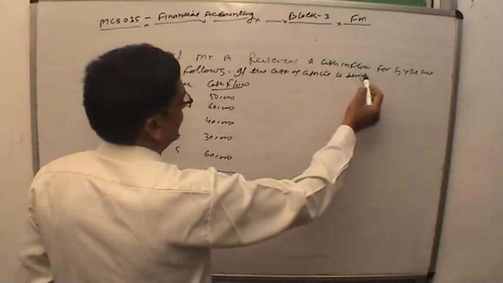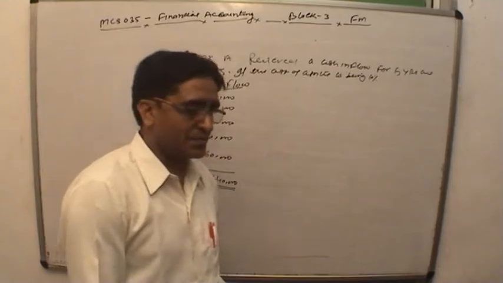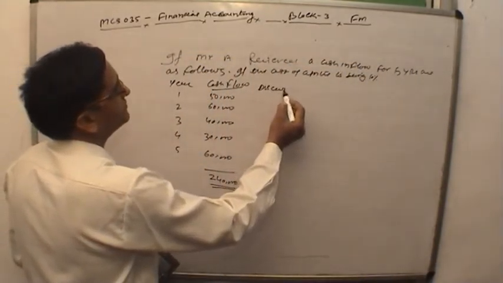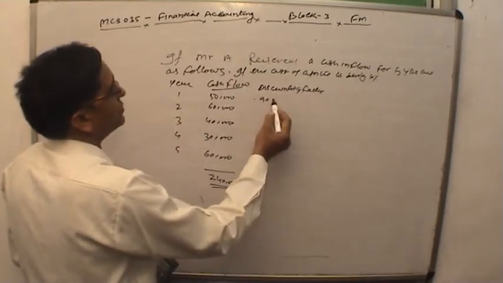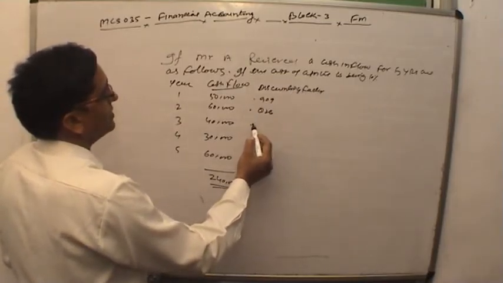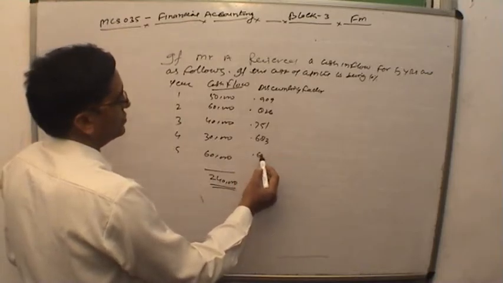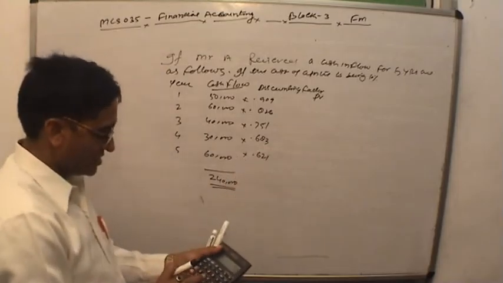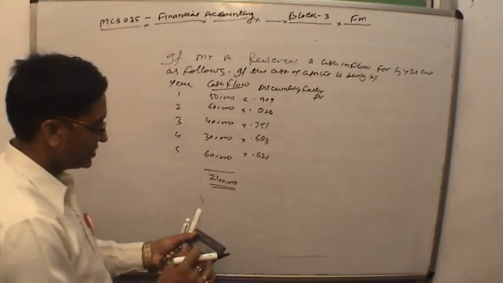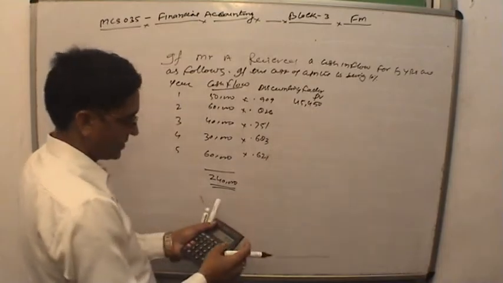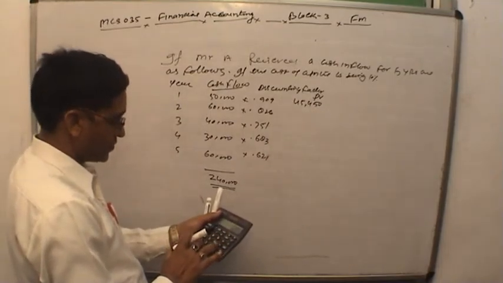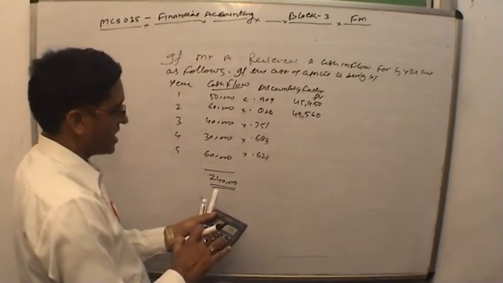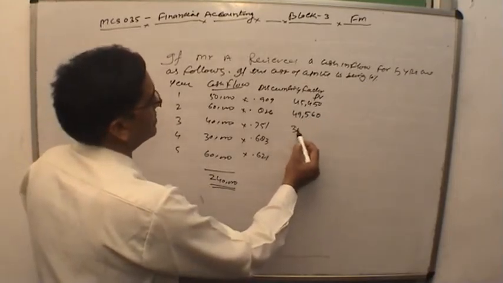But if the cost of capital is 10%, then how much is the value of what you get after 5 years? The discount factors, as discussed previously, are 0.909, 0.826, 0.751, 0.683, 0.621. Now the present value is found by multiplying. 50,000 multiplied by 0.909 is equal to 45,450, and 60,000 multiplied by 0.826 is equal to 49,560. Then 40,000 multiplied by 0.751 is 30,040.